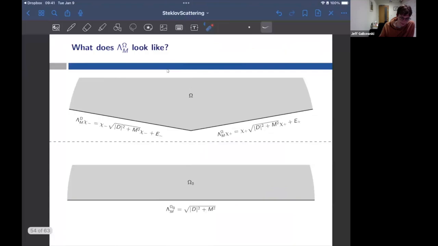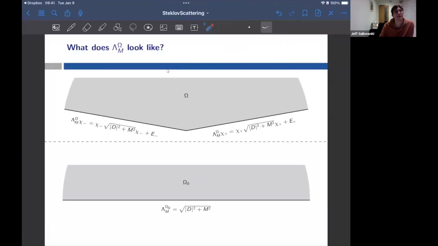So before we talk about what the error is, let's go to the half plane. How good could this possibly be? All right, so you'll notice that I have these cutoffs chi plus, which are localizing me near positive infinity, and chi minus, localizing near negative infinity. So how good could this possibly be? Well, one measure of that is what happens if instead of putting chi plus, I want to understand this guy, lambda m omega 0, chi plus, chi minus.